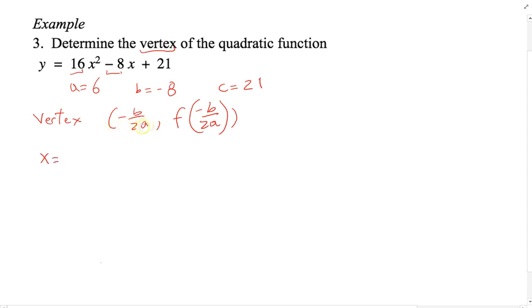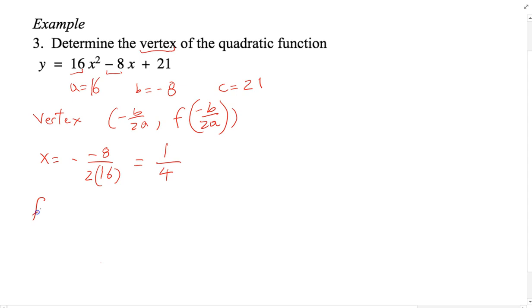Now let us find the x. X is -b/2a, which would be the negative of -8 over 2 times 16. That would be the negative of -8, which is positive 8, over 2 times 16, which is 32. This simplifies to give 1/4.